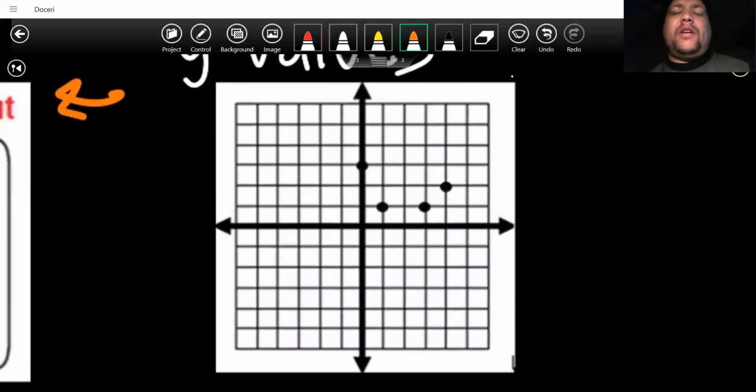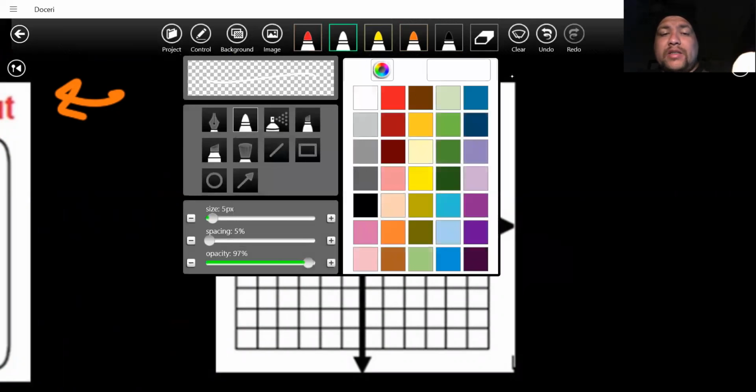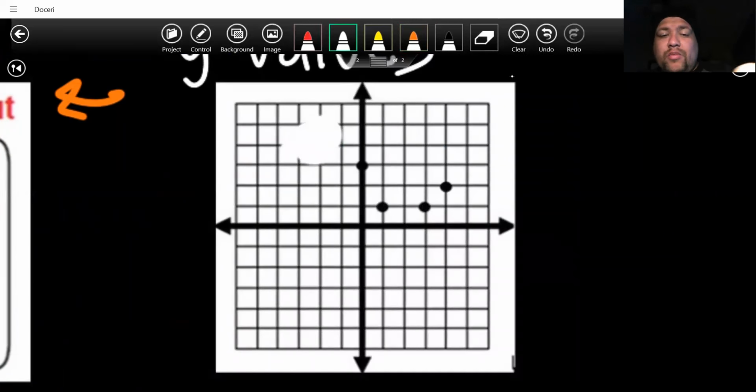The graphing domain and range can be done several ways. My version, and the way that I'm going to tell you guys to do it, is just go ahead and list your points as coordinate points. I'm going to do that around here so you guys can see them.